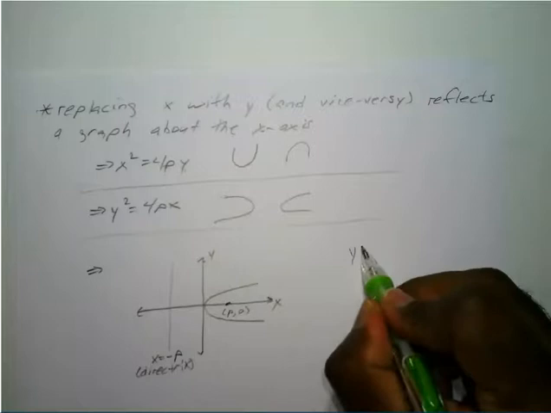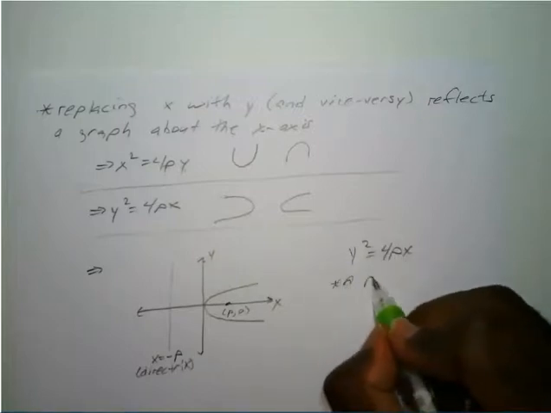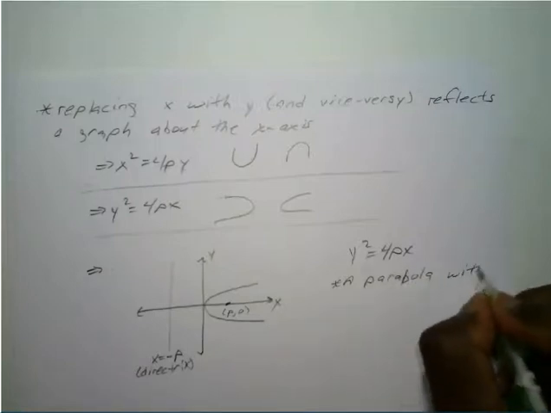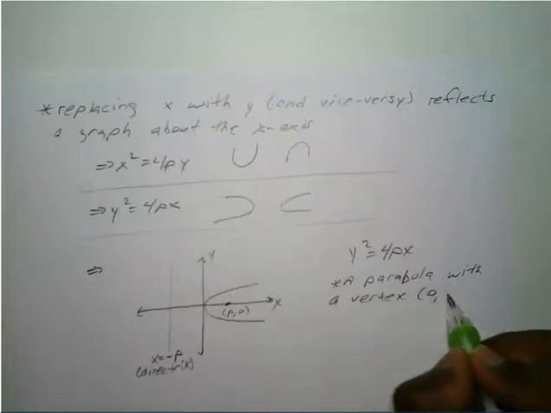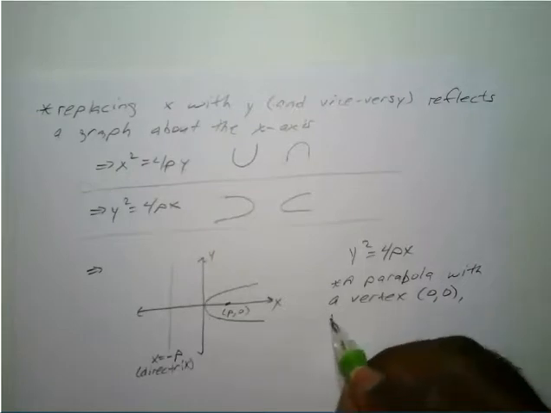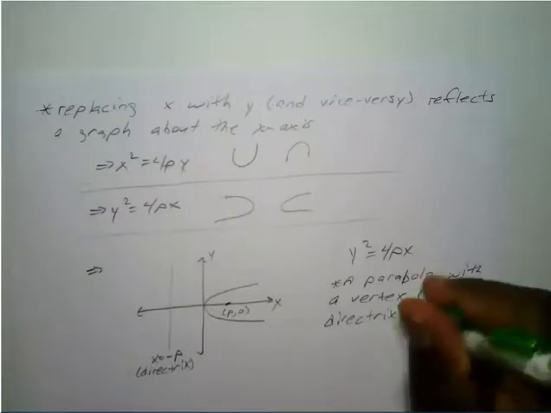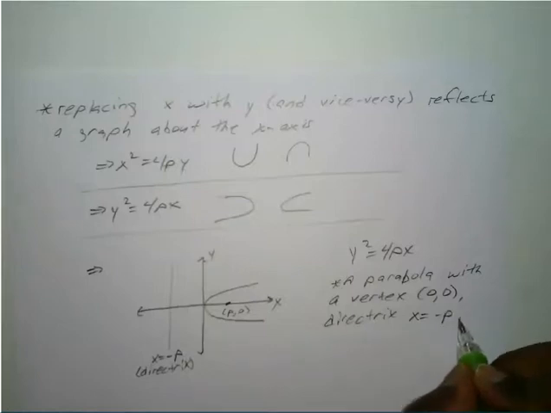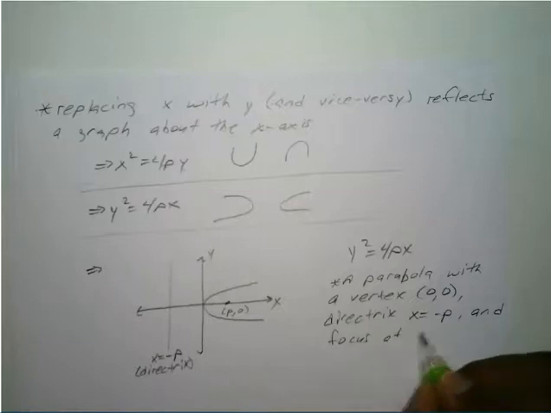So if you have y squared equals 4px, then that is a parabola with a vertex (0, 0), the directrix x equals negative p, and a focus at the point (p, 0).